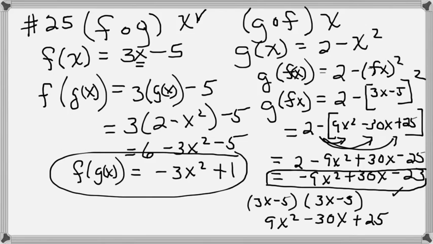Alright, let's do the next one. Let's do 27. And let's do f of g of 2. And this one said, from a graph, you're trying to find the function given the input of x equals 2 for g. They give you two graphs on this page, I think it's on page 196, 197, this is number 27, where they give you a graph for x and a graph for f and a graph for g.